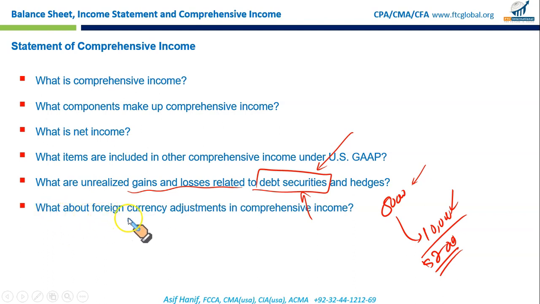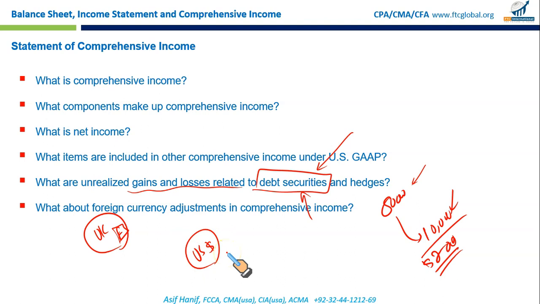Next, we have what about foreign currency adjustments in the comprehensive income? I told you there are some components of other comprehensive income. Let's say we have a subsidiary in the UK, whose financial statements are reported in pounds, and we are a US parent, where clearly the reporting currency is dollar.